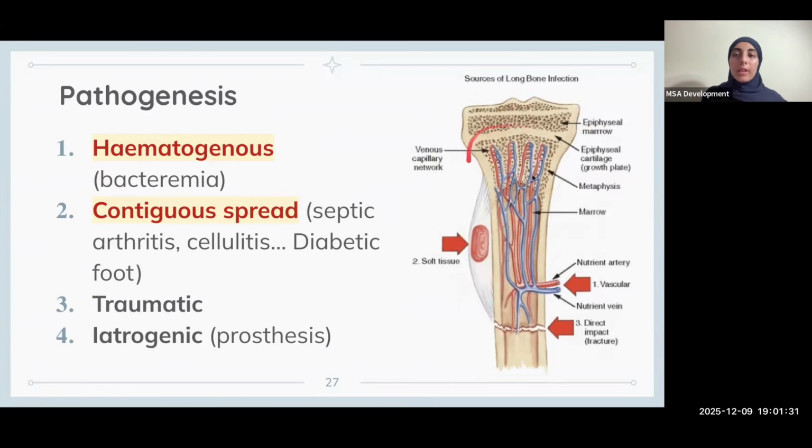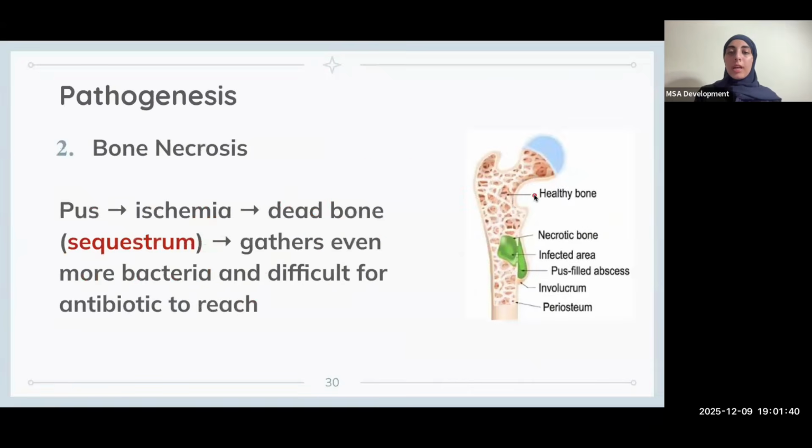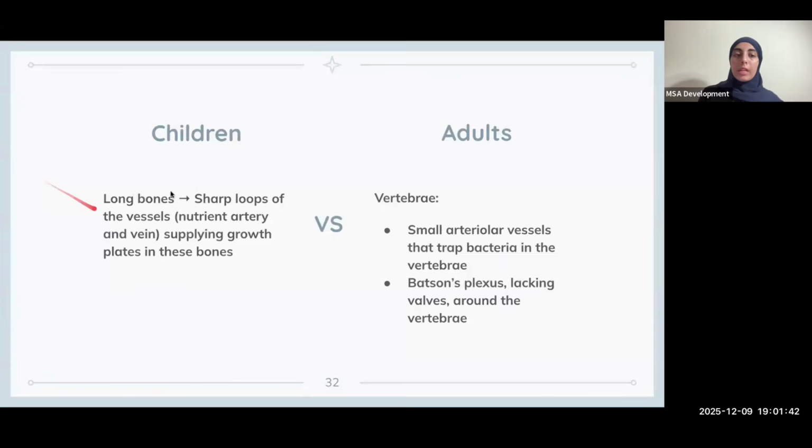More blood means you have more for the bacteria to seed into. So in children, osteomyelitis is more commonly seen in long bones, and it's because of the sharp loops of the vessels, as we saw, the U-turns, causing seeding of organisms, versus adults, where you have to suspect vertebral osteomyelitis.